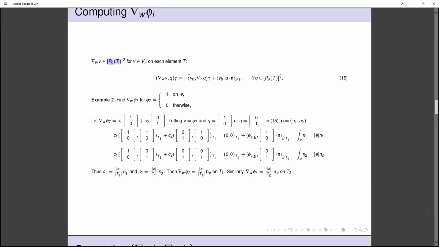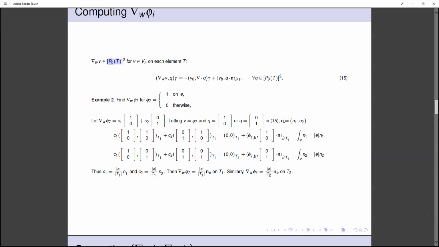Now, phi7, 0. Phi7, 0 on T1 is obviously 0. Then phi7b, which is not always 0. Okay. Then when Q is 1, 0 dot n, 1, 0 dot n gives you n1.